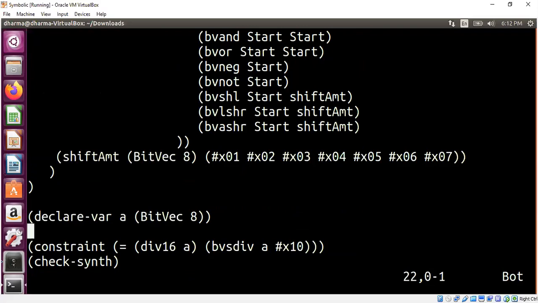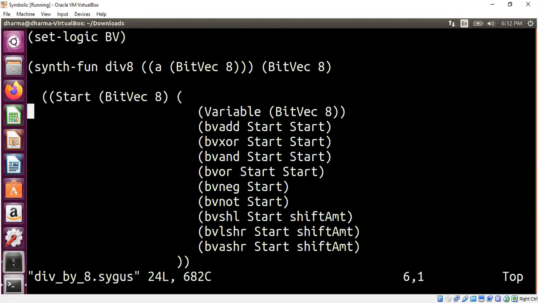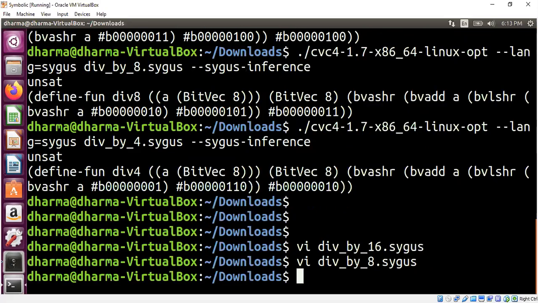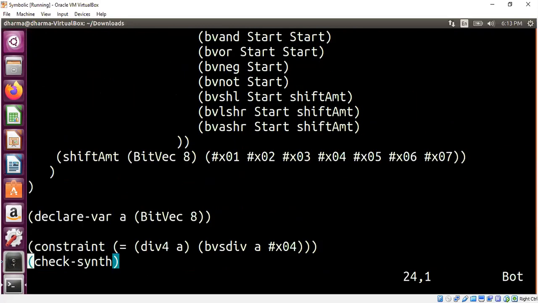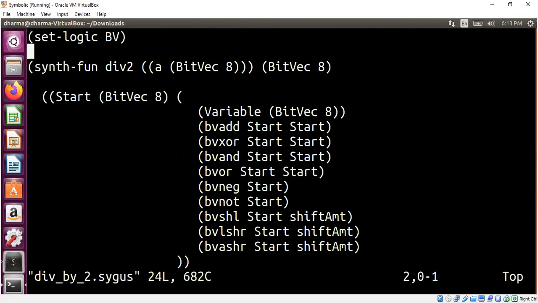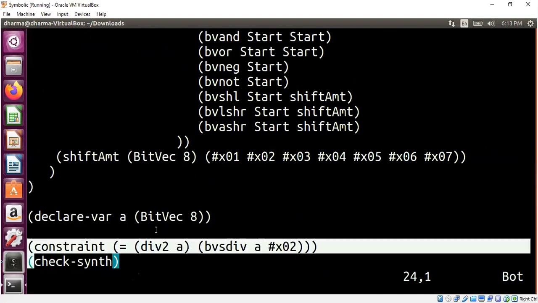All right, so 16 is this, and what about 8? 8 is regular 8 in hex, no difference. And then what about 4? 4 is division by 4. So it simply works: by exploring this grammar and comparing against this spec, it was able to come up with expressions for us.